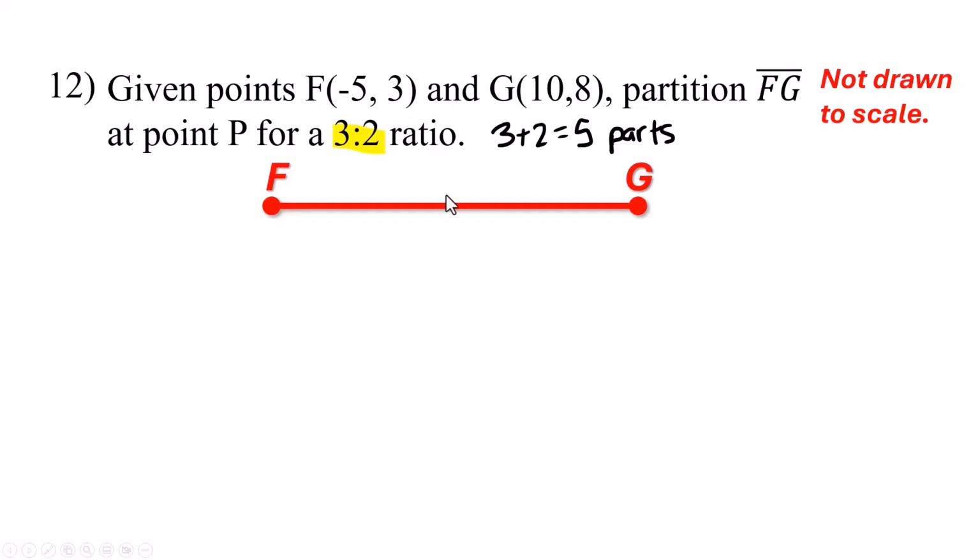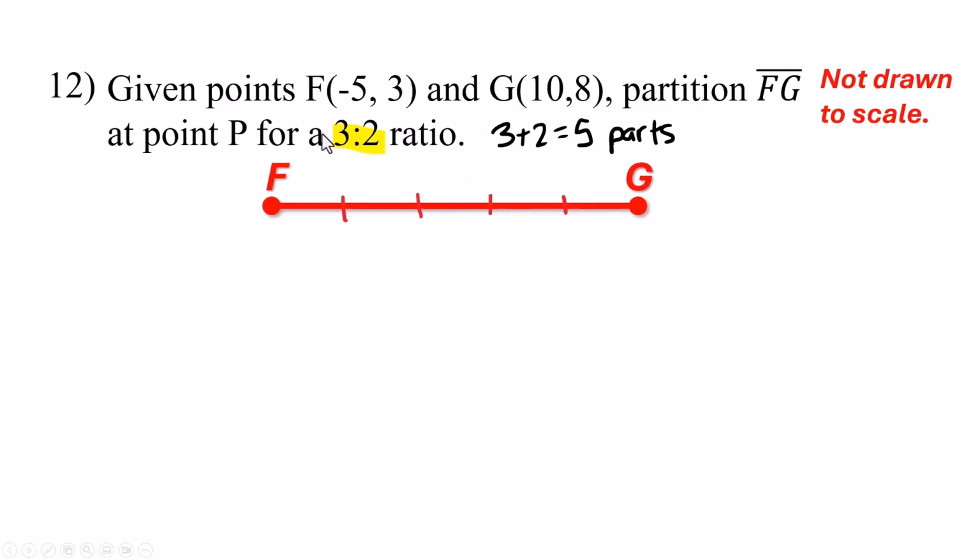3 plus 2 is 5. So before I do anything more, I'm just going to put in some scratch marks and split this into 5 parts. That means you're going to put in 4 little marks because you'll have 1, 2, 3, 4, 5 sections. It's like a sub sandwich that you get from the deli, and then you split it up into 5 parts. That's what we just did.